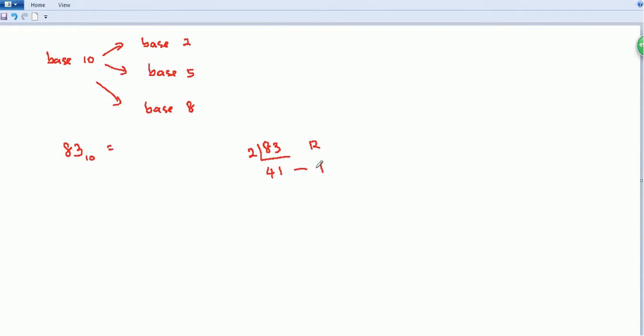What is happening here is 83 divided by 2: 4 times 2 you get 8, 3, 1, 2 you get 2, and the remainder is 1. So we write 41 here, and the remainder here.